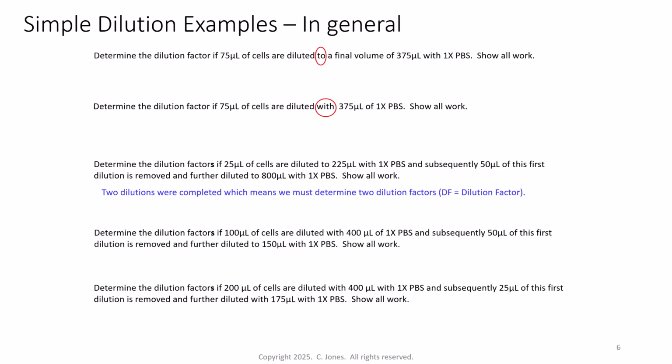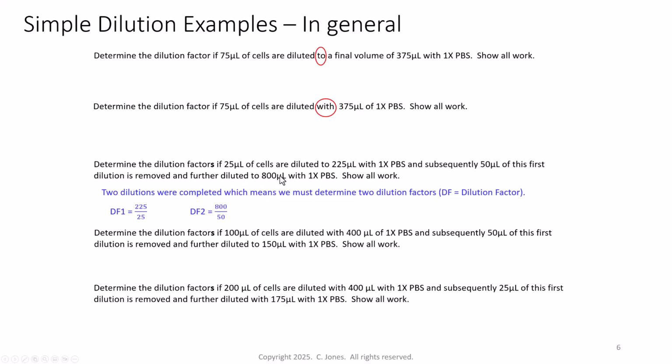Okay, so two dilutions were completed, and this means we must determine two dilution factors that need to be combined. So dilution factor 1, right, we have 25 microliters diluted to 225 microliters, so that means that 225 is the final volume. So this will be 225 over 25. That's our first dilution factor. The second dilution factor says that 50 microliters of the first solution is removed and further diluted.